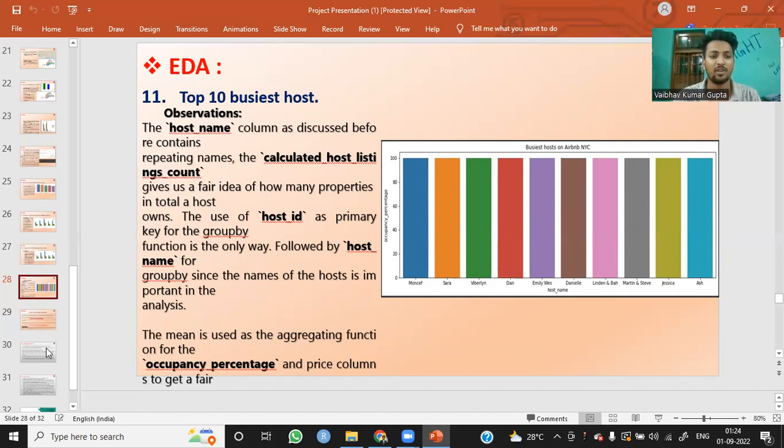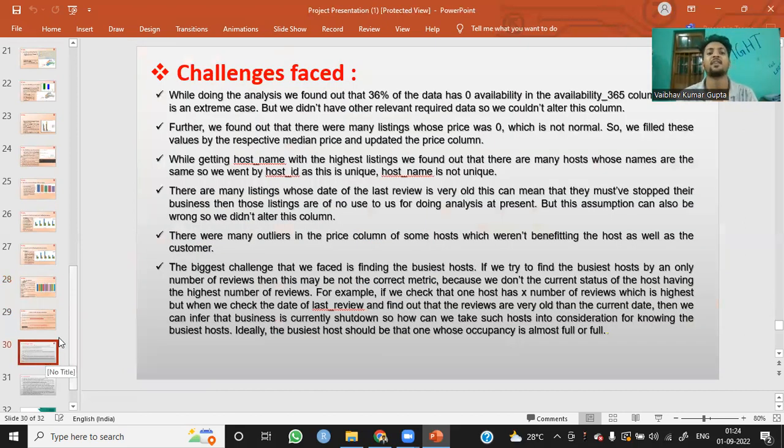So this was the trickiest part. Talking about the challenges I have faced, while doing the analysis, we found that 36% of the data had 0% availability. There can be possibly two reasons.